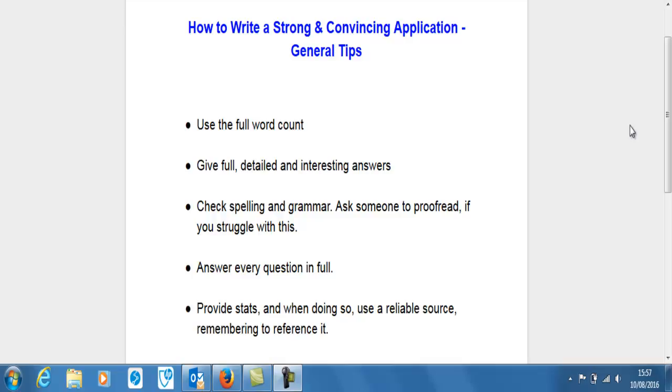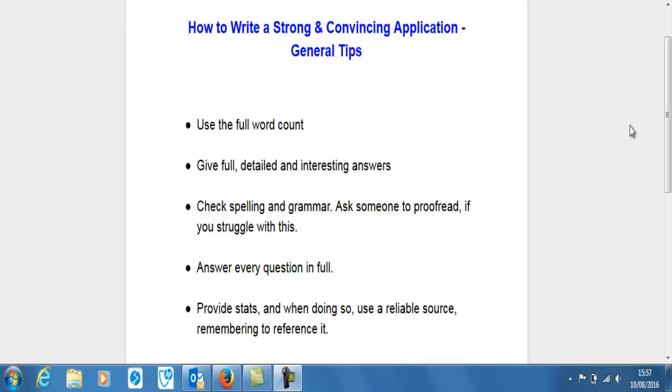One way you can do that is by making sure that your spelling and grammar is correct. Of course, if you're dyslexic or have particular problems with spelling and grammar, that's fine. But you could ask a friend or family member who is good at that sort of thing to proofread it for you and make those corrections before you submit it to us.